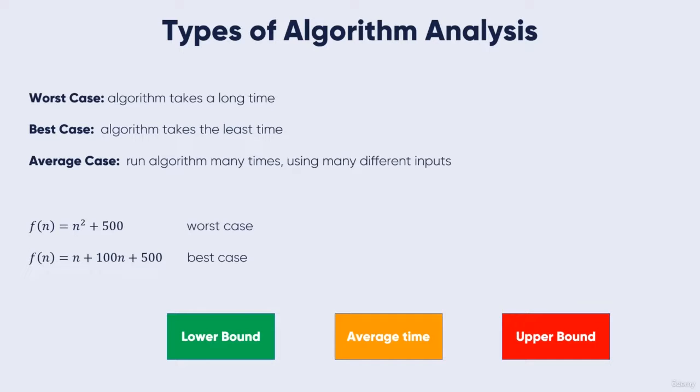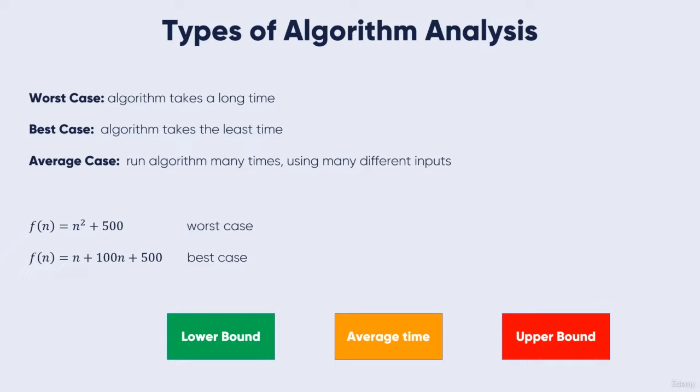Remember, as the order of n in the function increases, the algorithm's execution speed will decrease.